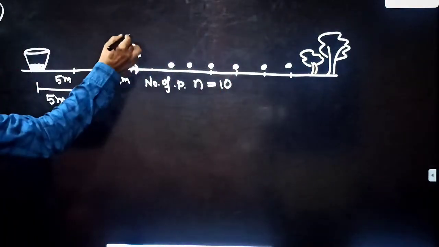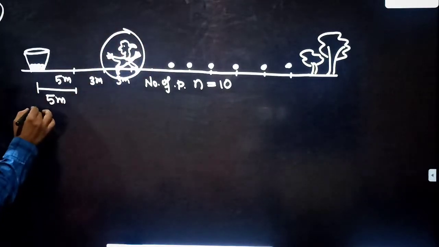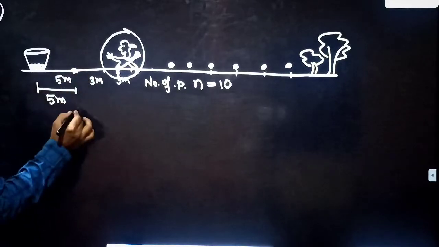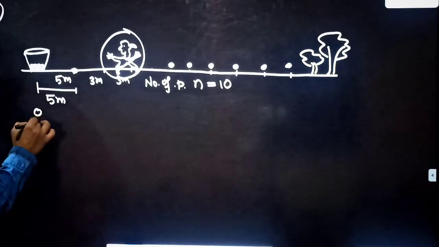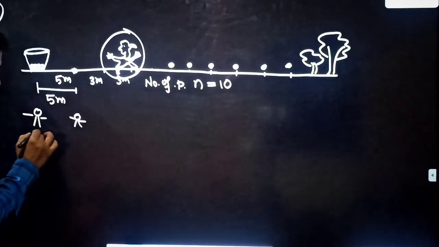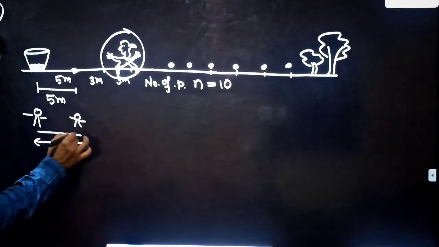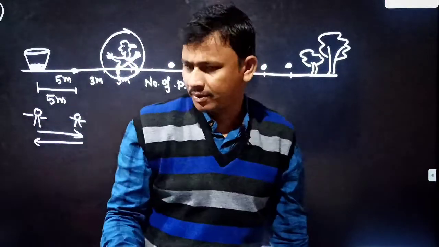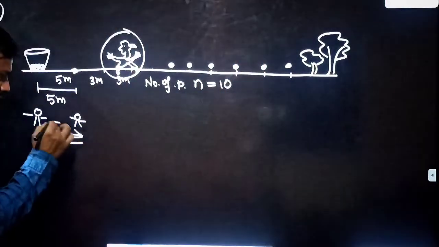The competitor picks up the first potato and comes back. Yes or no? 5 meter plus 5 meter. How much? 10 meter. Okay.